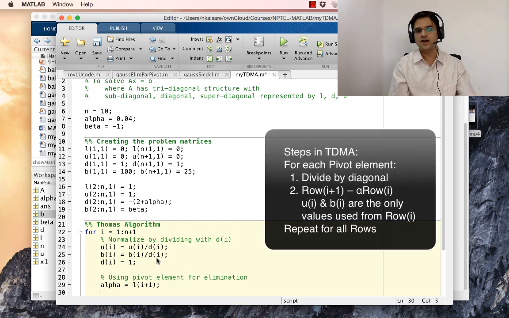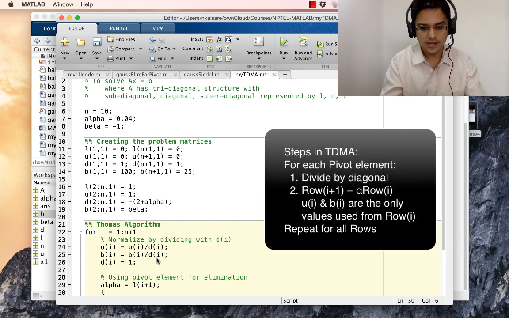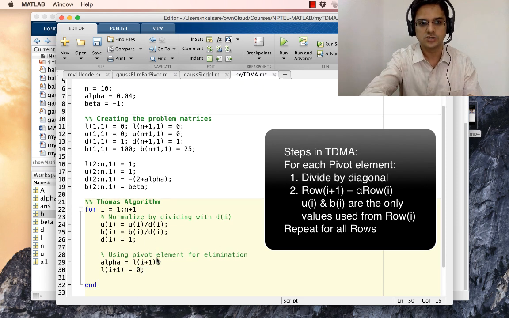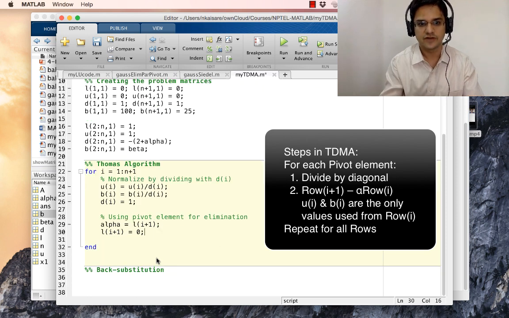Okay, so alpha equal to Li plus 1. Li plus 1 is going to be equal to Li plus 1 minus alpha, which is basically going to be equal to 0. So why should we do this extra calculation? We don't need to do this extra calculation. We can directly put that equal to 0. And that is essentially what we have done.